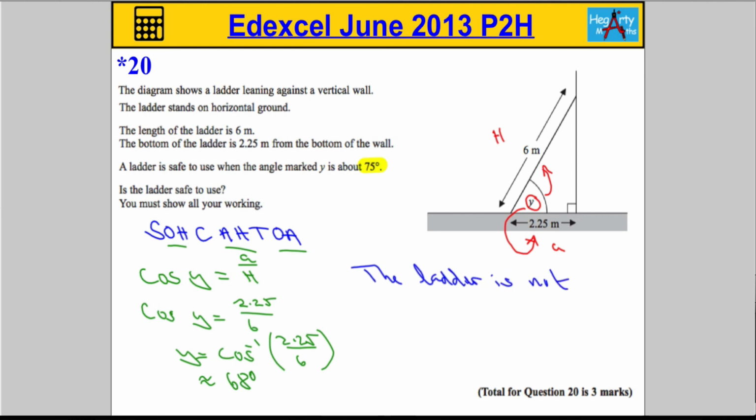And the reason, as the angle is not about 75 degrees. I personally feel that there's too much of a difference between 68 and 75 for us to say that the ladder is safe.